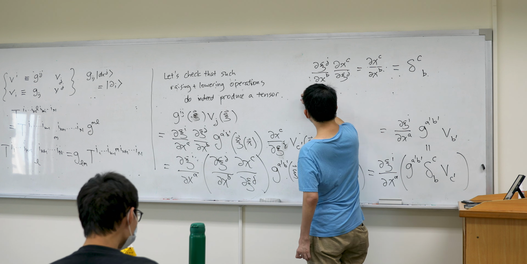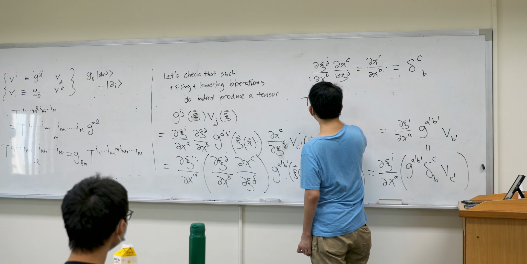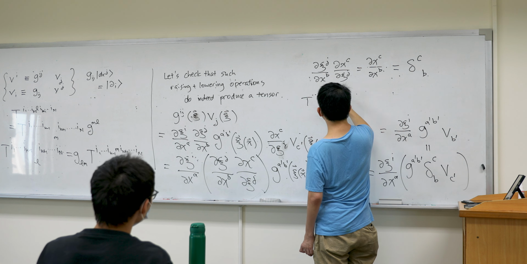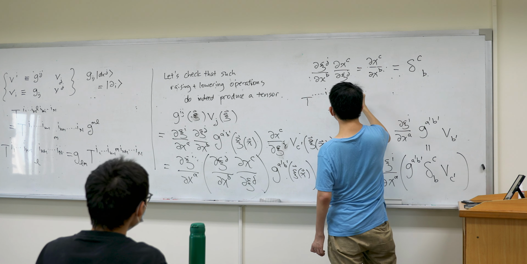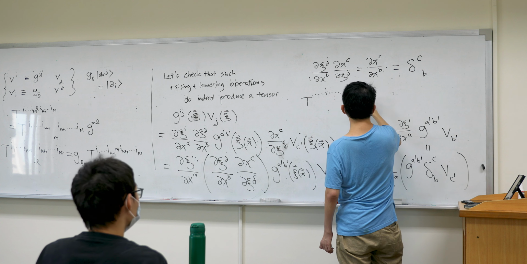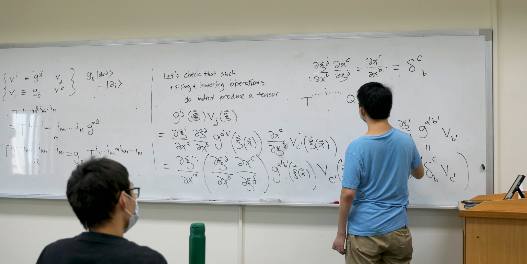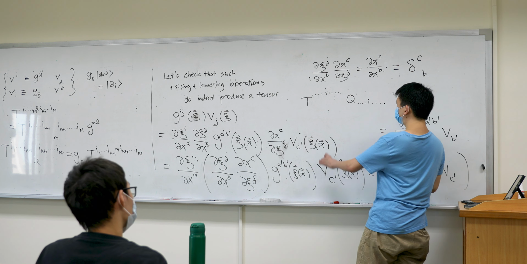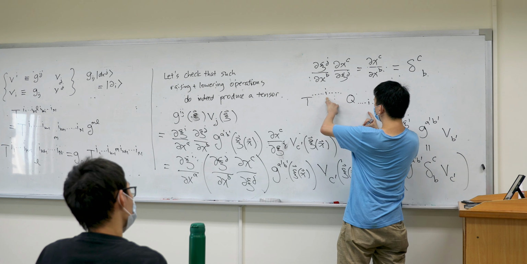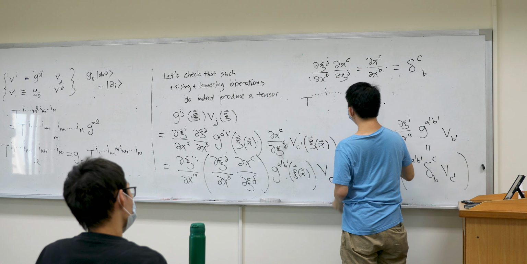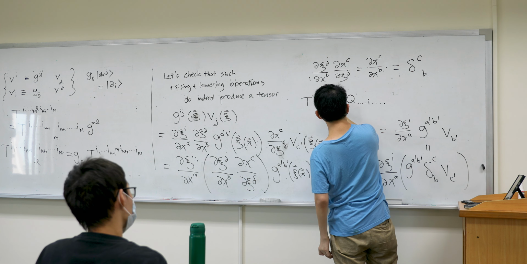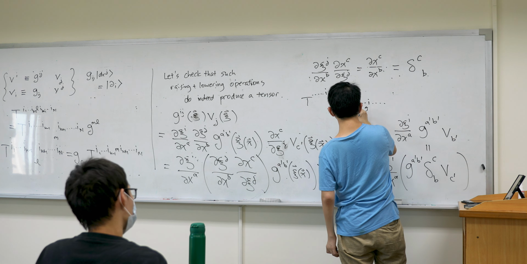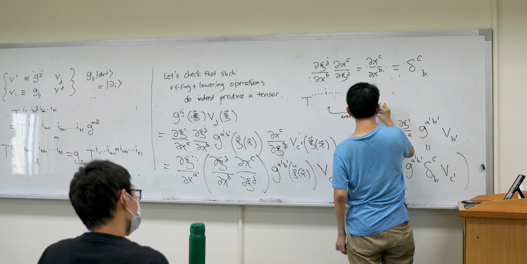It doesn't matter how complicated your tensor is. If I have T with an index I, and then another one, let's say P and then Q, it doesn't matter how complicated your tensor is. If you have a pair of repeated indices, one up, one down, this transforms as a scalar.